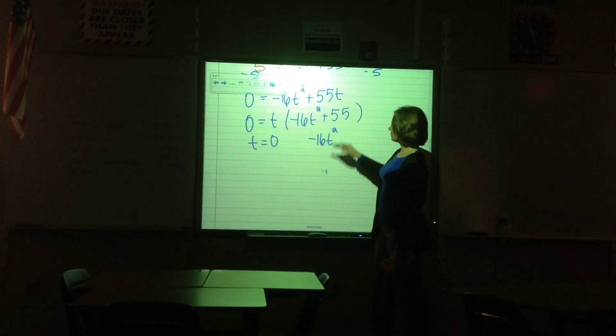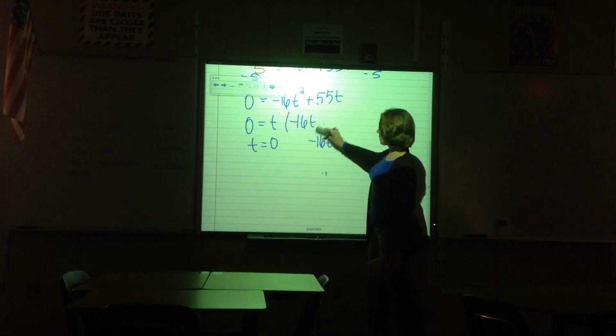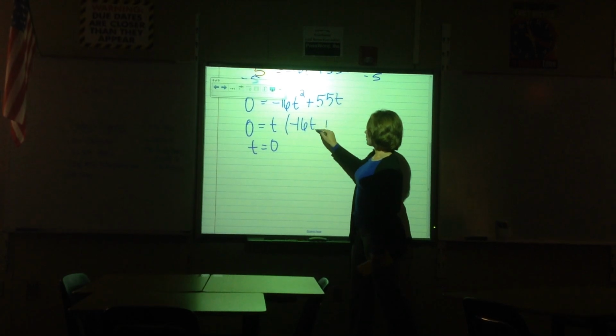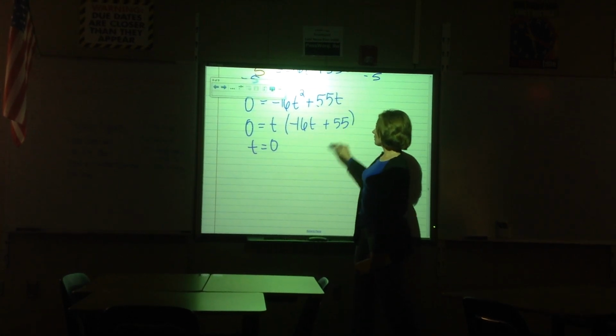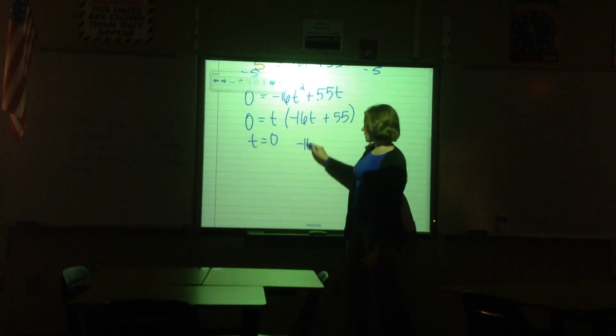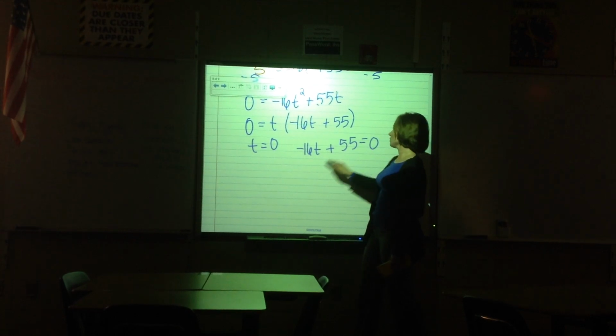That's gone. And this shouldn't be squared anymore. Let's go back here. Plus 55. Okay, when I took a t out of both of those, we get this. So now I go negative 16t plus 55 is equal to 0.